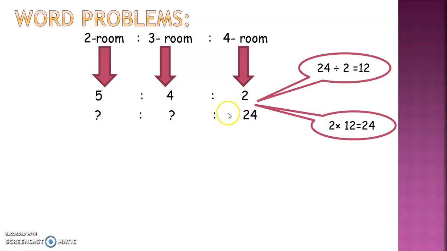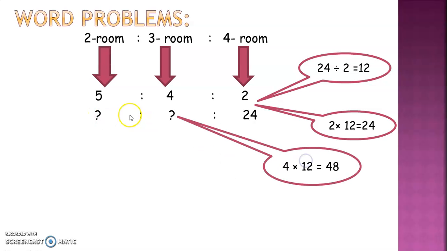If this ratio is multiplied with 12, as you can see 12 is multiplied with 2 and its answer is 24, it means the other ratios will also multiply with 12, because it is the rule of equivalent ratio that if one ratio is multiplied with one number, the other ratios will also multiply with the same number.